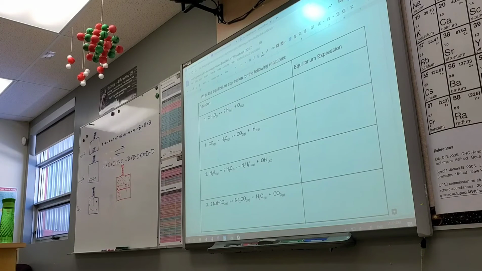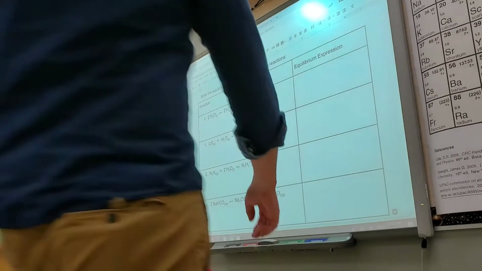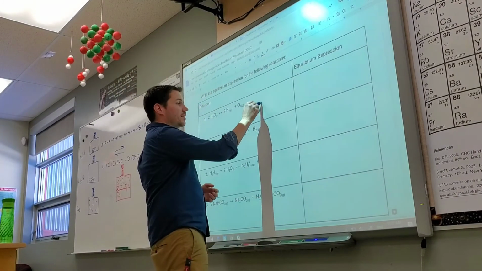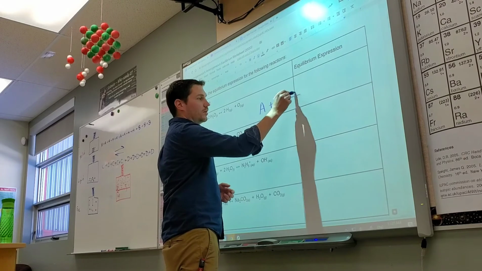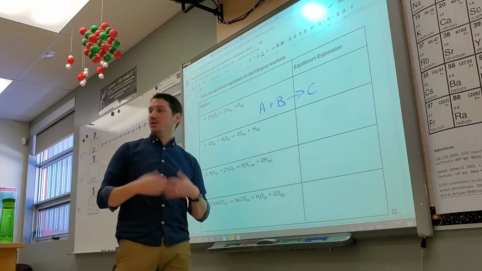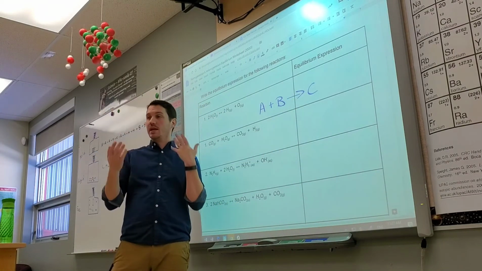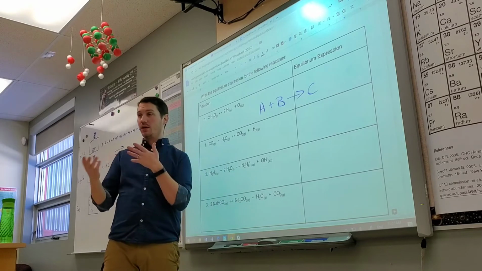So, yes, the things on the left are always on the bottom. But if this is the outcome, it's the product. That's not the outcome, that's a reactant. We define reactants to be on the left. If I said this, what's the reactant and what are the products?